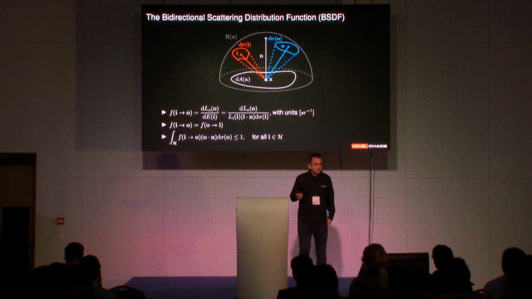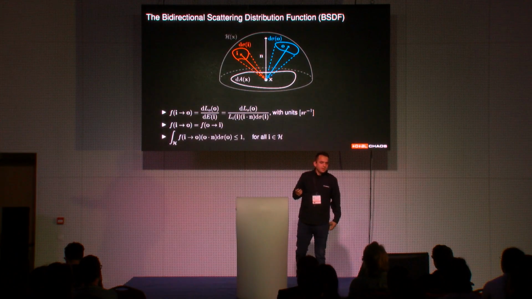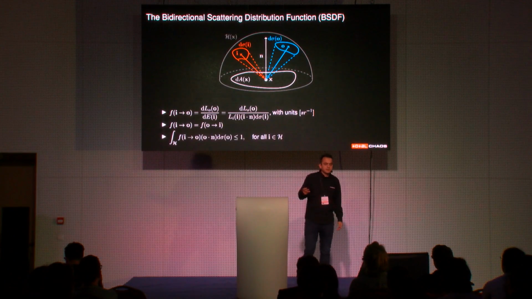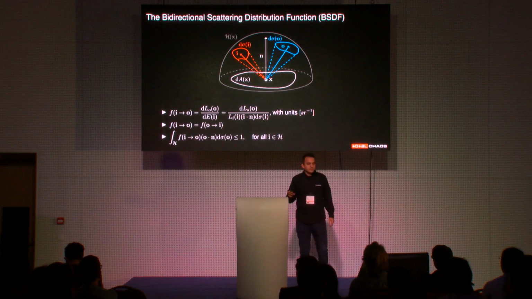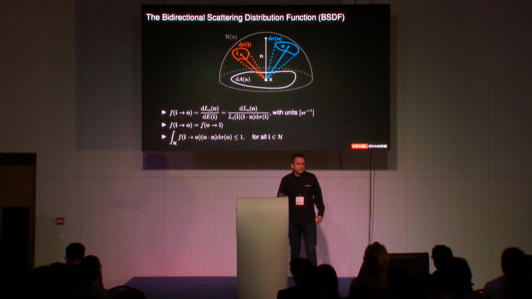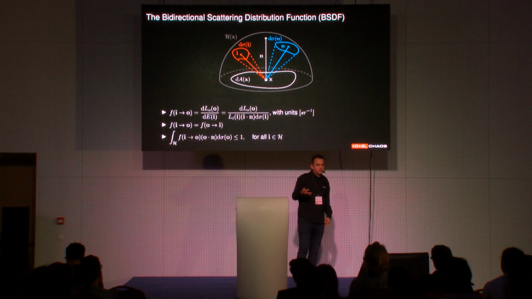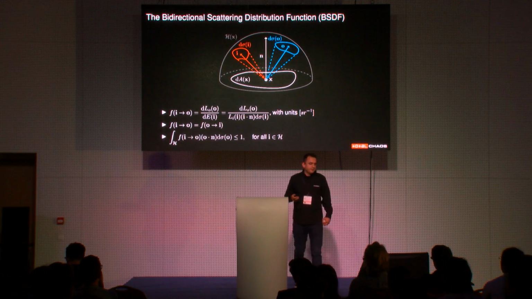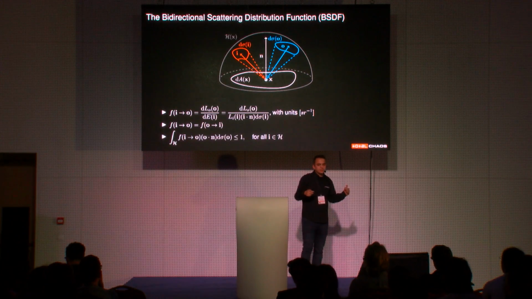Now, the bidirectional scattering distribution function is a function defined over the surface, which describes the material properties. And from now on, I will use this notation: the direction I is the direction from which light is incident.